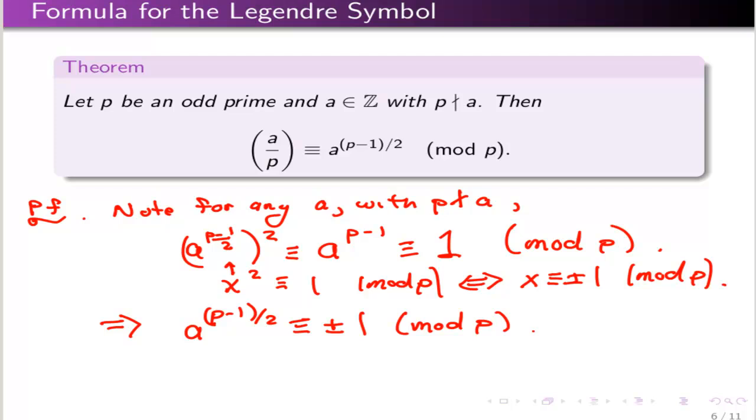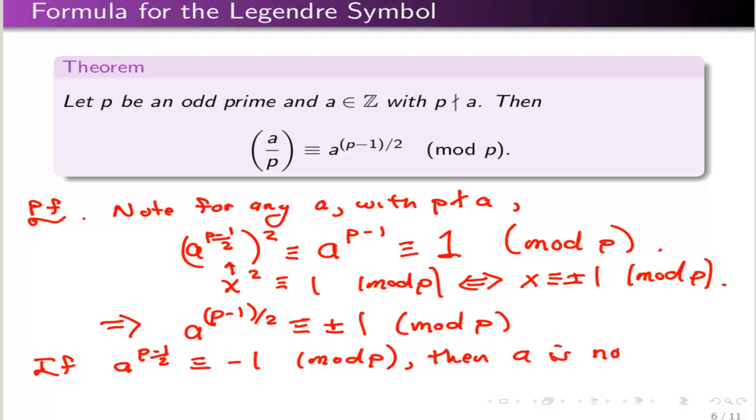So then, if a to the (p minus 1)/2 is negative 1 mod p, then a is not a quadratic residue by the preceding result.